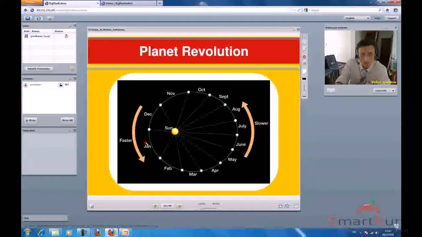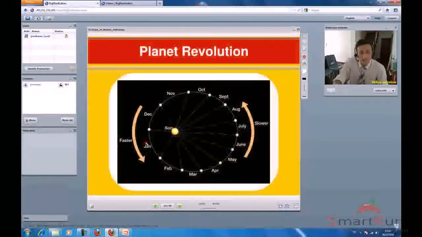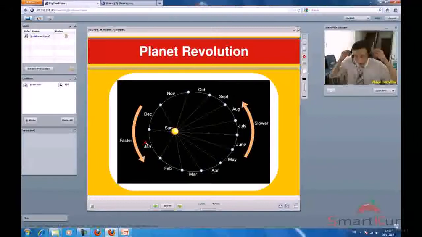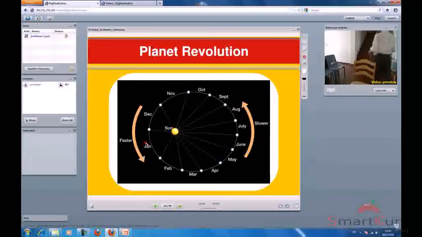So if you keep an eye on the red dot, and my cursor seems to be broken here. Hey Mike, do you know what's wrong with my cursor? I think the mouse just cropped out. I don't know. Well, I can't teach this without the mouse because I can't go from slide to slide.